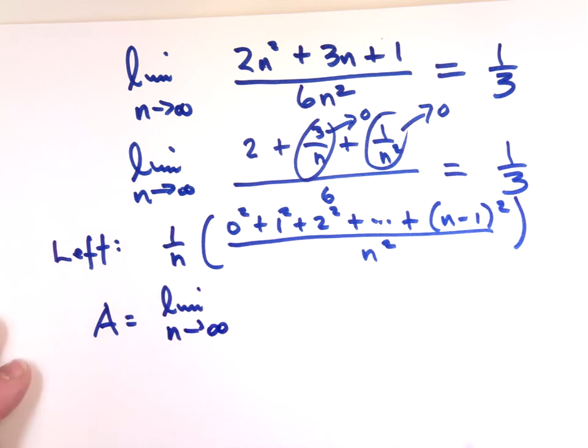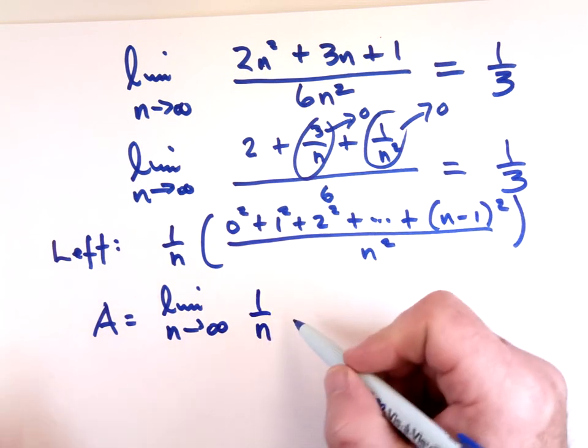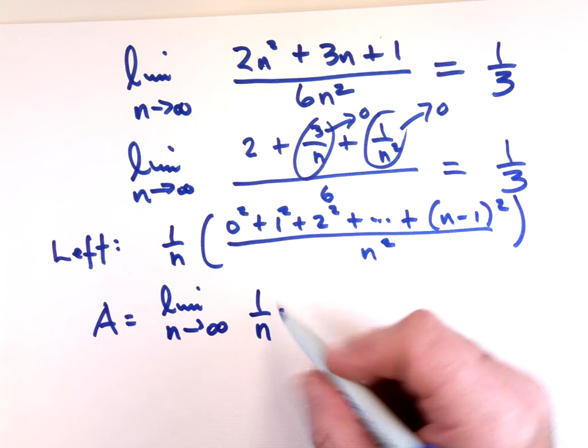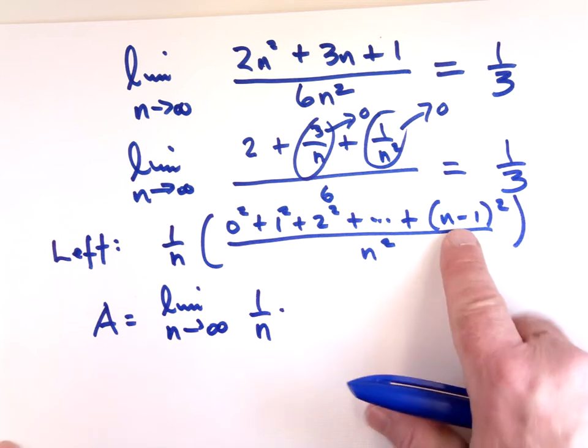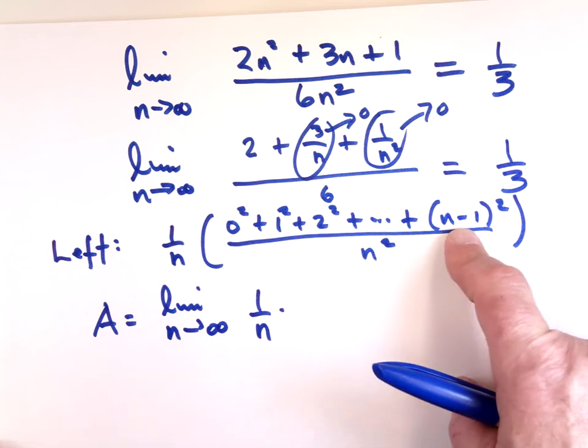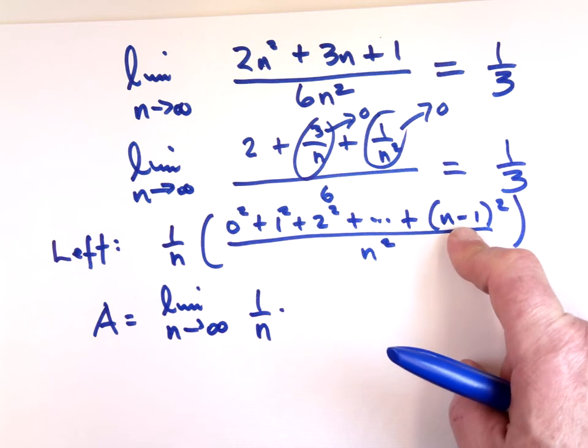Now, what's the formula for the sum of the first n squares? The formula for the sum of the first n squares is n times n plus 1 times 2n plus 1, all over 6. But what is n in this case? I'm finding the sum of the first n minus 1 squares now. So instead of having an n in the formula, the number of squares I have is n minus 1.